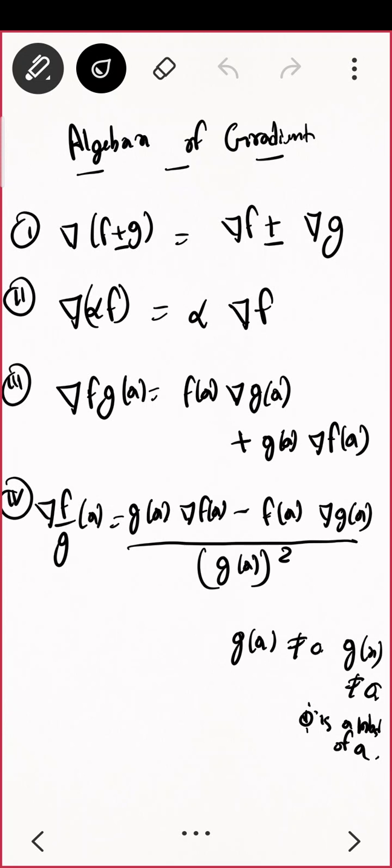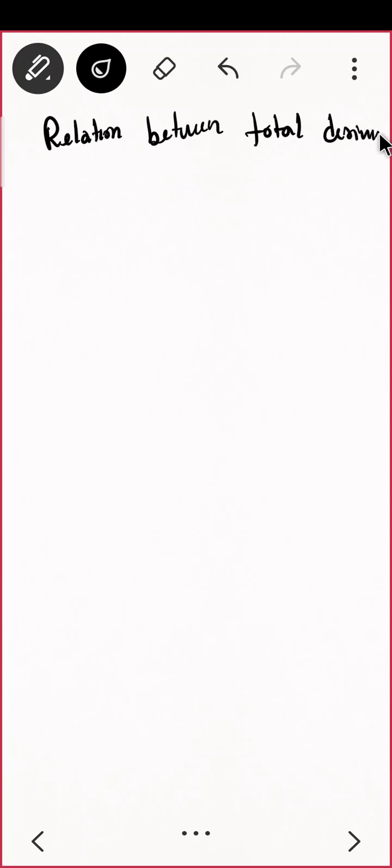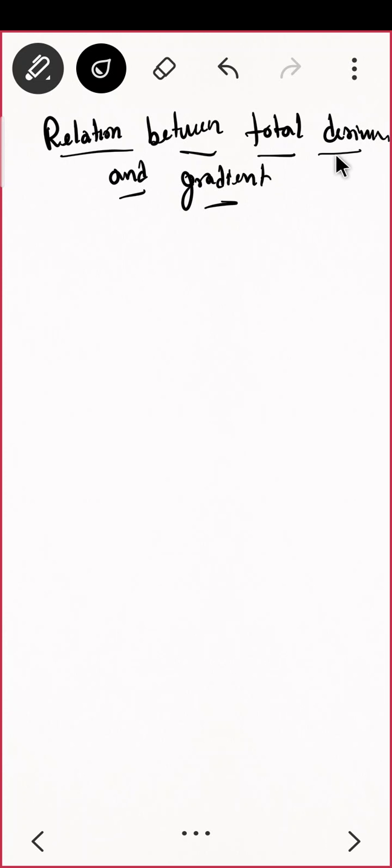Yeah, okay. Next part is the relationship between total derivative and gradient, which I have already given you. It is just to state. Total derivative and gradient, correct? So that means you can find total derivative by the help of gradient also, correct?